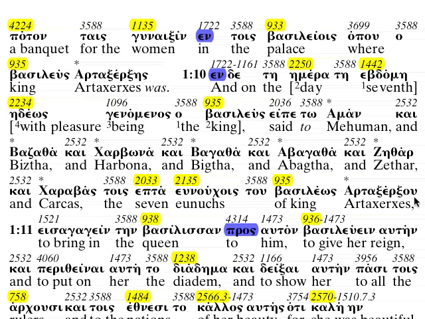And the seventh day, and on, or in, there's the in, it could be in or on. Generally when you say it, you say on the seventh day in American English.